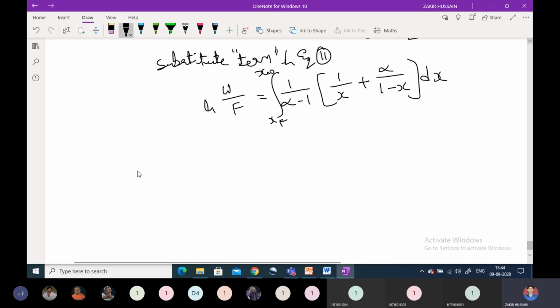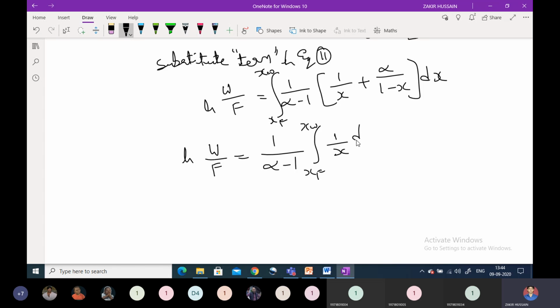So now already we assume alpha is constant. So we can take it out of the integral, 1 by alpha minus 1, then this will be xF to xW, 1 by x dx plus alpha by 1 minus x dx. Just integrate, a simple integration.